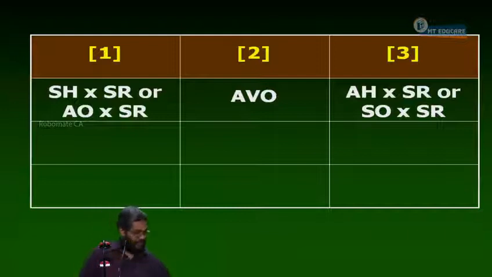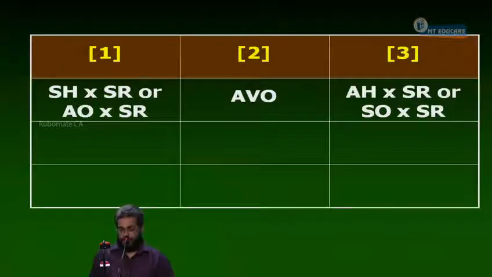Can I proceed? For the benefit, I'll put the table once again. What is SH? 12,500. What is AH? 14,000.